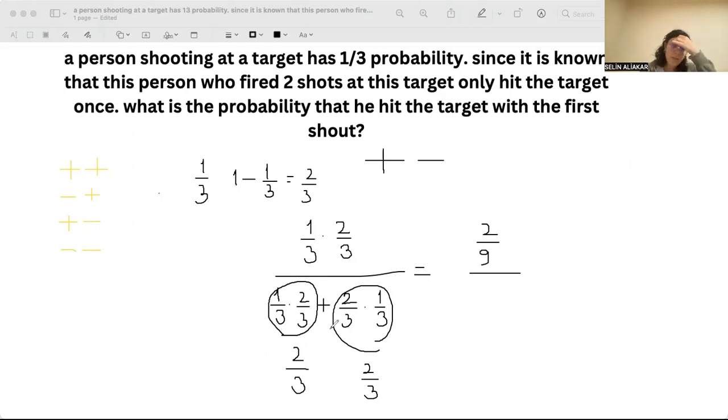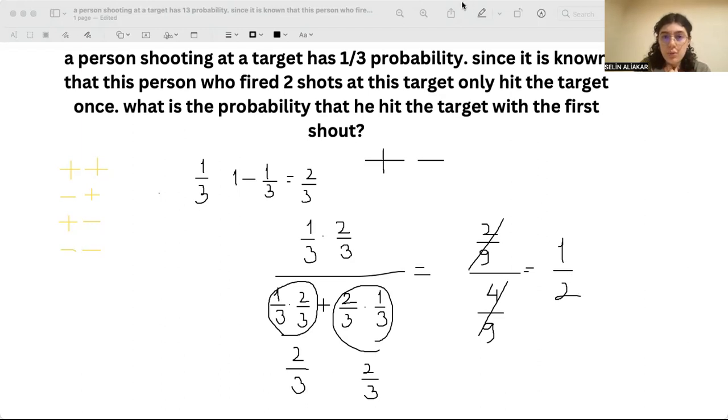If we sum up, then we will find 4/9. And if we divide the expected event by all the events, we can find the answer as 1/2. This is the answer.